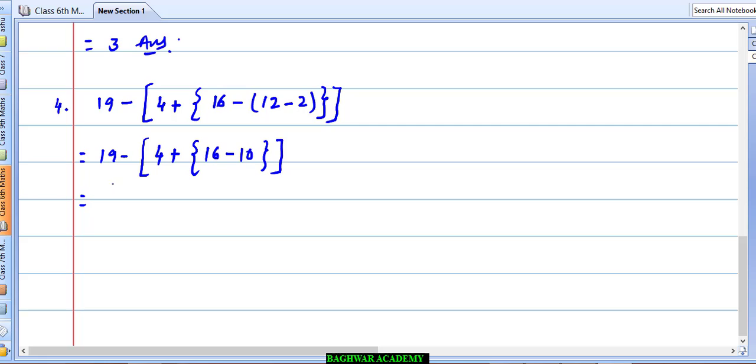Next step you see 19 minus 4 plus again 16 minus 10. So easy it is. 16 minus 10 is equal to 6, and then we will have 19 minus 4 plus 6 is equal to 10, and that will be equal to 9, and this is your answer.